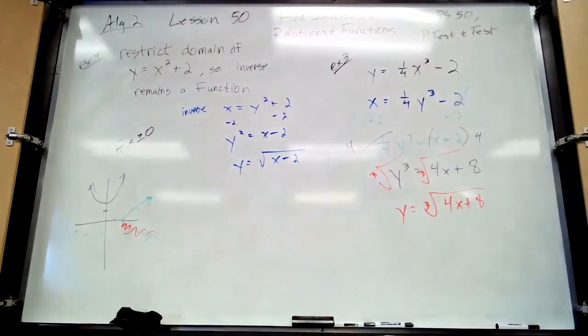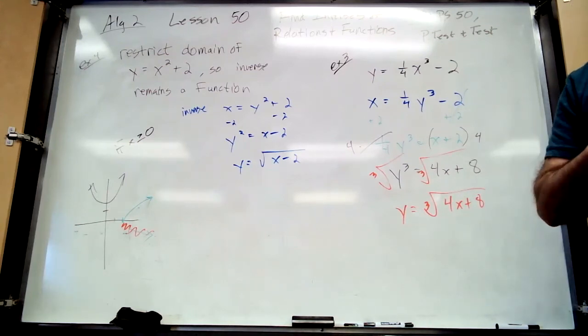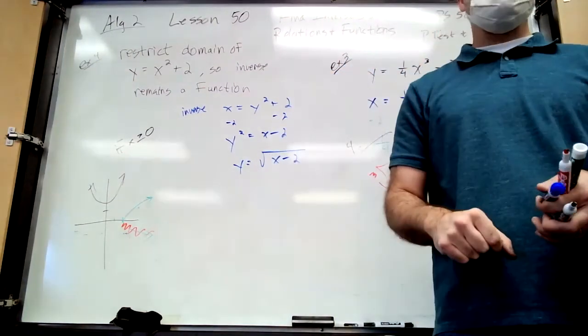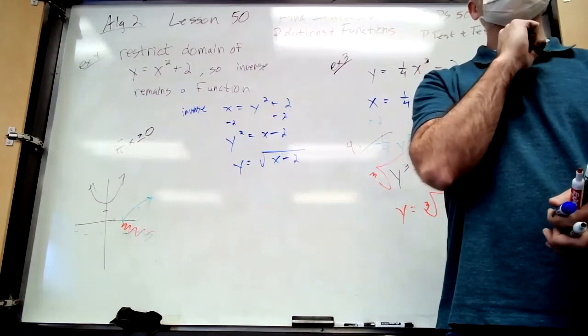Okay? So now you just have to say what x is going to make that under part of the radical negative. Think of any number between negative infinity and infinity. Negative 72.